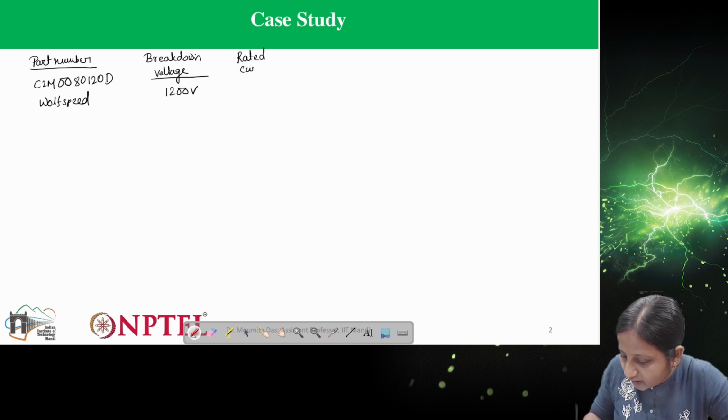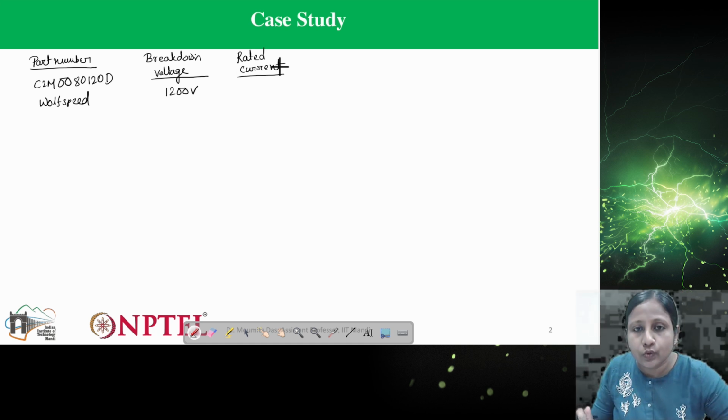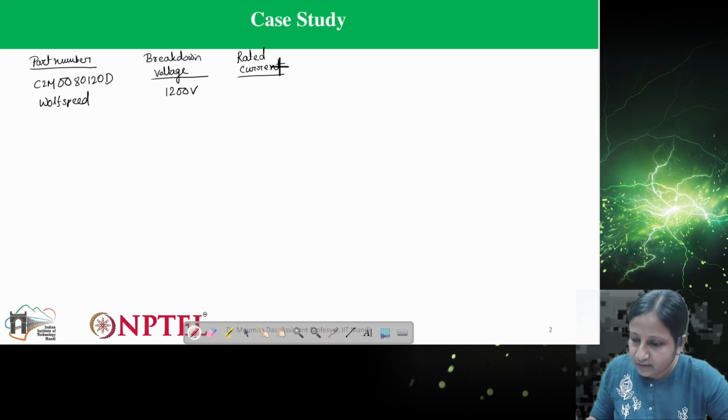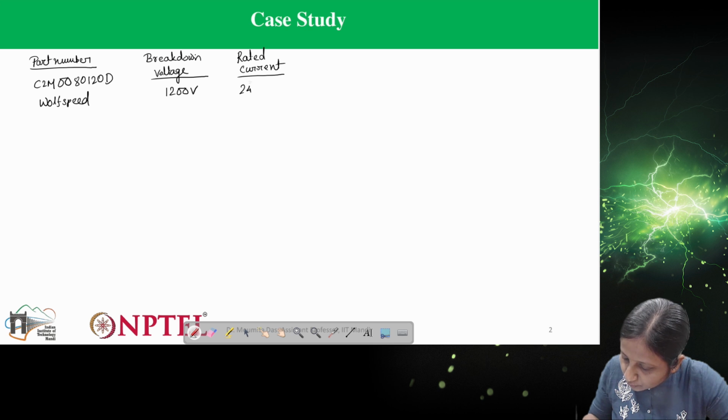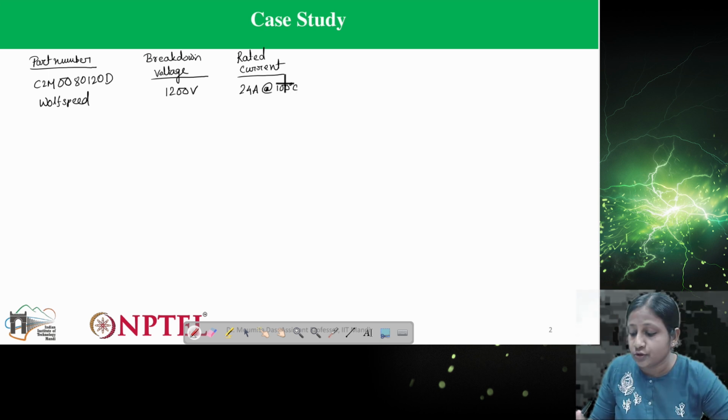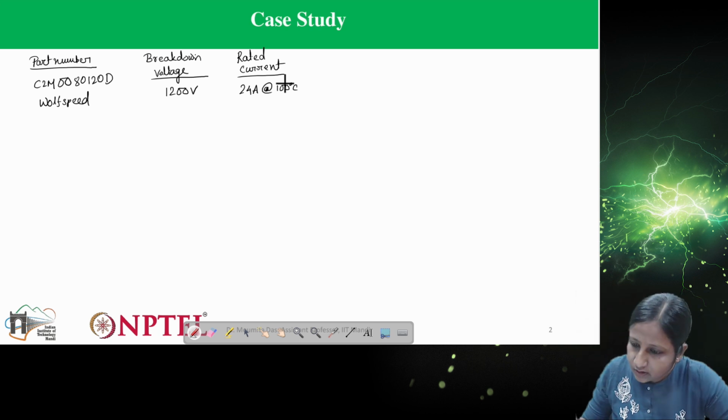Second is the rated current. Whenever we consider any device, the first things we need to look at in the datasheet are the rated voltage and rated current. This is 24 ampere at 100 degrees Celsius. Temperature is very important because as temperature changes, the current rating will also change.